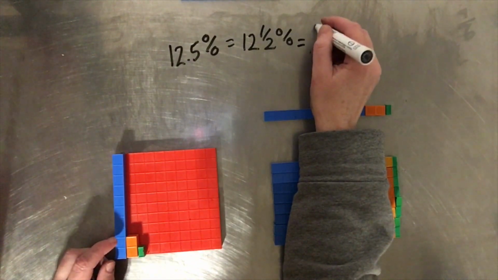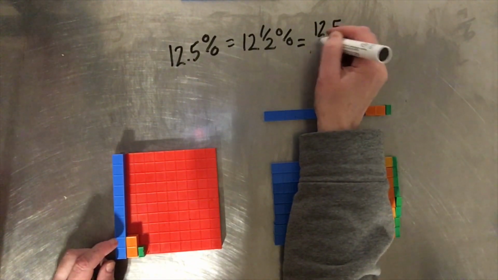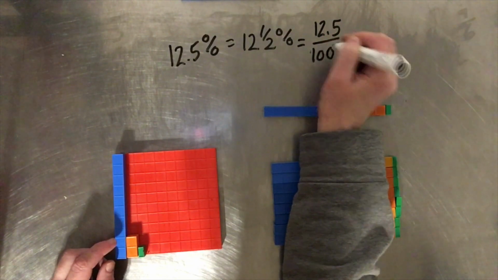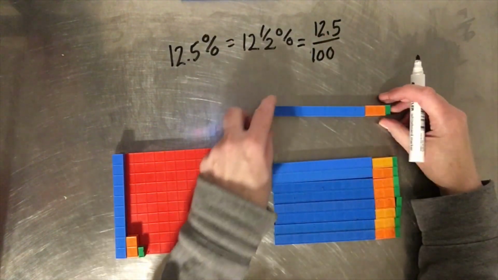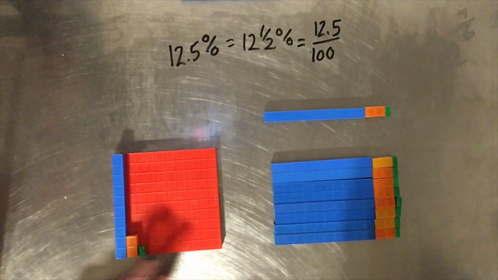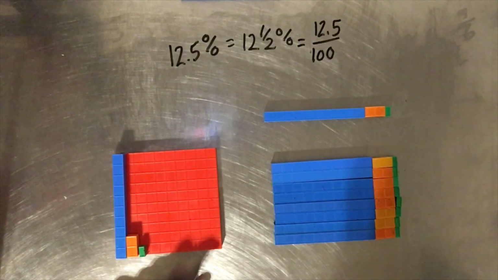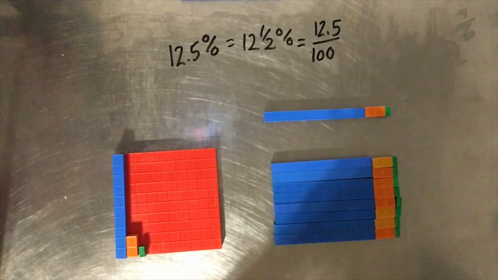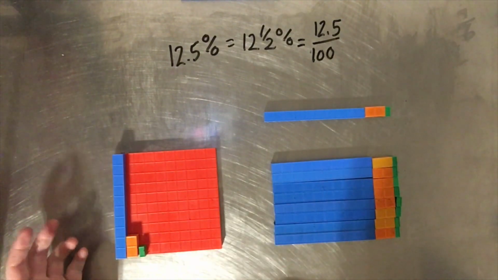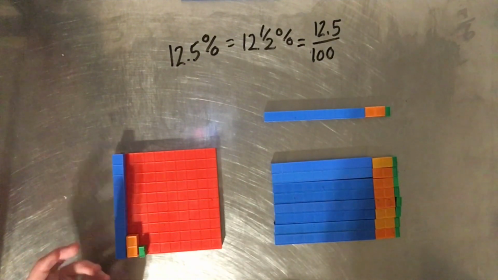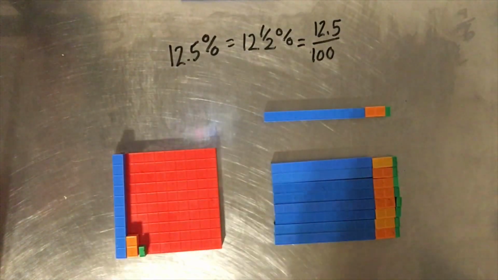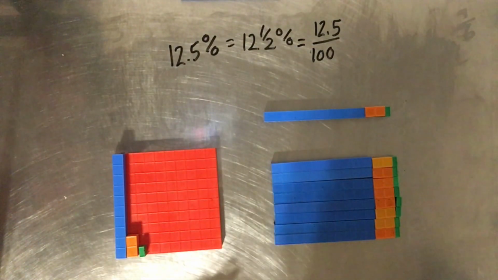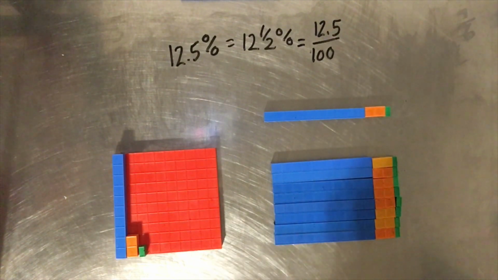Yeah, if we wanted to turn that into a fraction, we could just go 12.5 out of 100 pieces. In order to simplify that, what we want to do is just reshape this and find a number that we can multiply the top by and the bottom by, and still have 12.5 on top and 100 on the bottom. And basically it's kind of like finding a common factor within it.